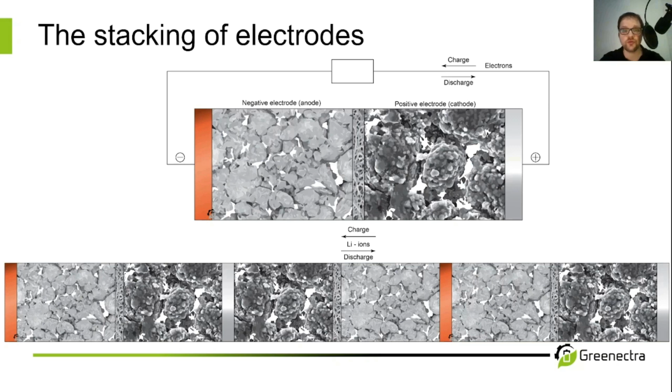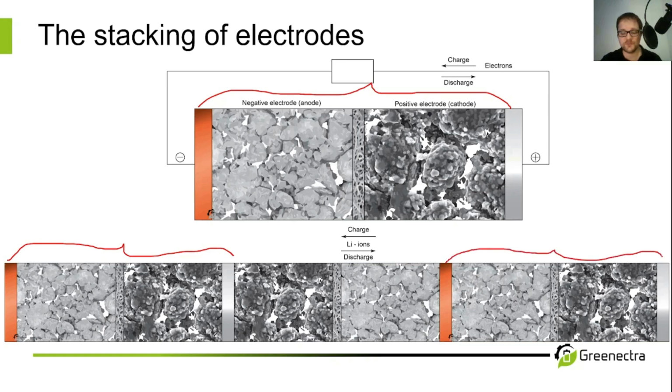If we now compare the drawing on the top and on the bottom, we see that this corresponds to this and also exactly to this. And if we just mirror the system, we see it's also in the middle. I want to count layers of active material with you. We find 1, 2, 3, 4, 5, and 6 in this particular drawing.